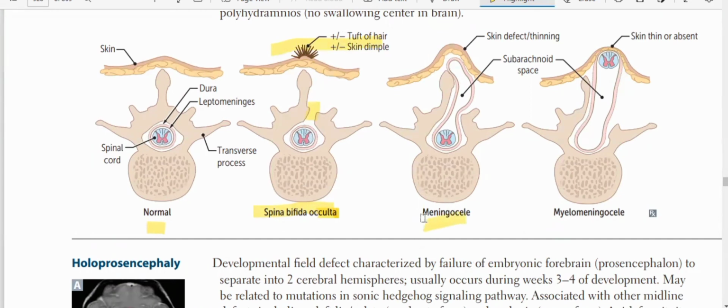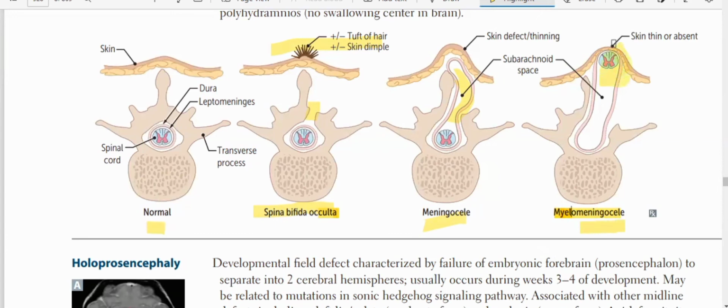Meningocele, the name represents that the meninges are involved. If the subarachnoid space is involved, this is called meningocele. Myelomeningocele: myelo means some spinal cord is present, because nervous parts are present, and both the meninges and the spinal cord are involved.